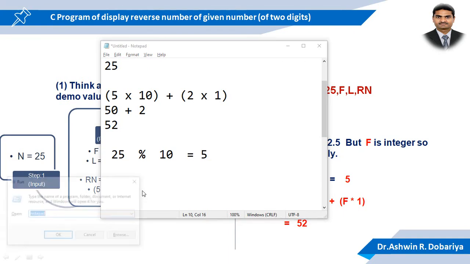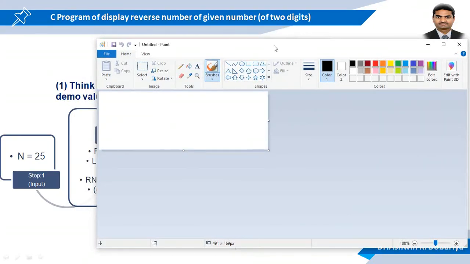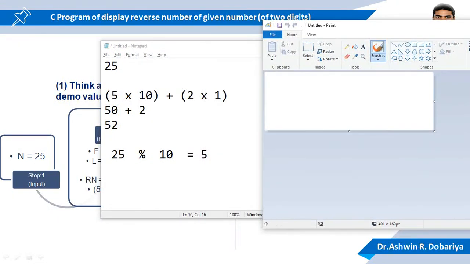Actually, if we see it in MS Paint, I will explain in detail so you can easily understand. Again, all are mathematical concepts. See, 25 modulus 10, what does it mean? 25 is our number, and 10 is the division by 10.